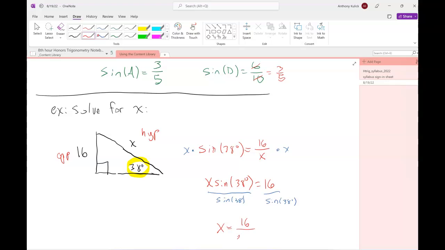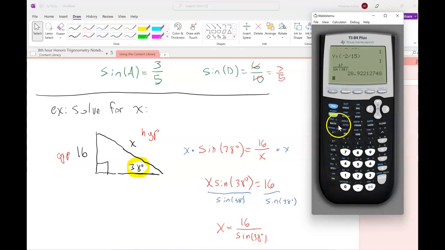Since I'm typing in a sine, cosine, or tangent in my calculator, what do I have to be careful about? Yeah, the mode of our calculator. There are two modes related to sine, cosine, and tangent, degree and radian.